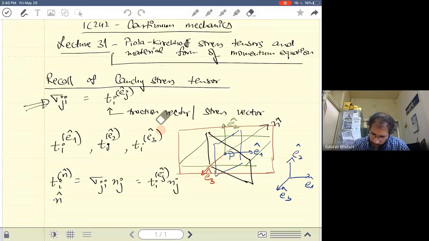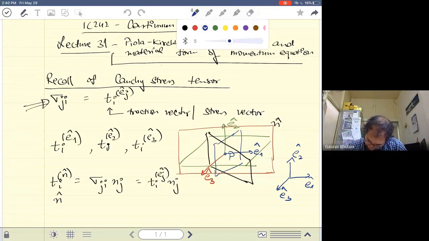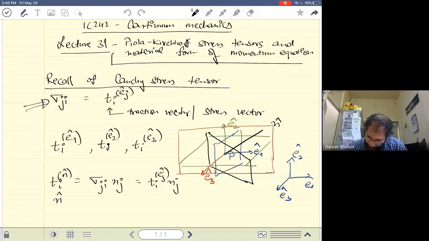Let's draw the normal more clearly. Okay, so that's my normal n hat. To be able to find the traction vector on this arbitrary plane, the black plane, we have to obtain the information about the traction vectors on the blue, green, and red planes, respectively.